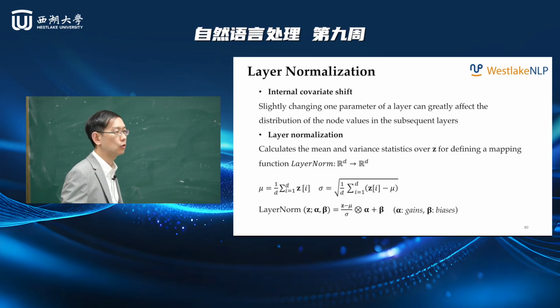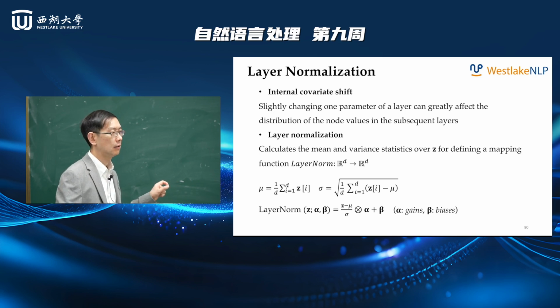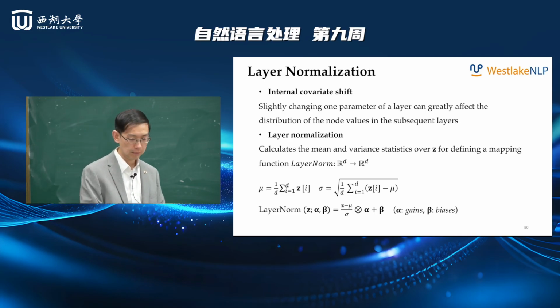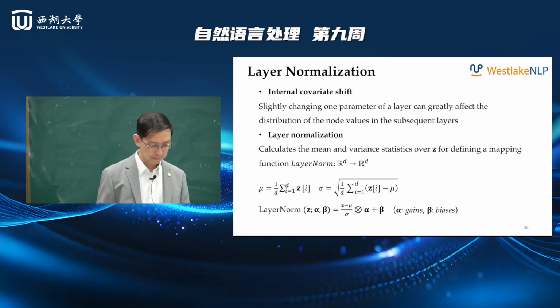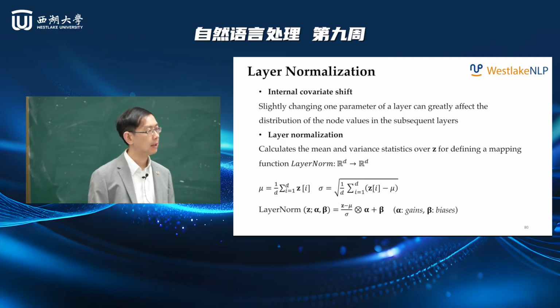These are two hyperparameter vectors. I use alpha to multiply the normalized vector, and I call alpha gains. And I use beta to add to these normalized vectors, and I call beta biases. It turns out that if you use these two hyperparameters, you have more flexibility. So layer normalization also stabilizes training.